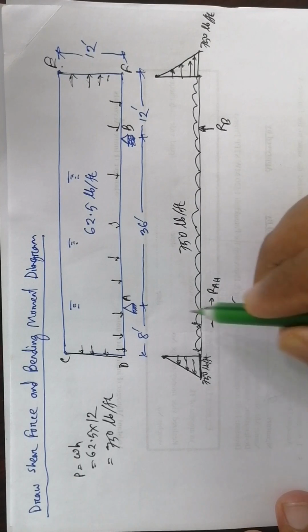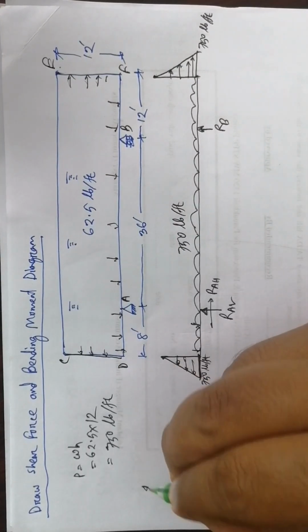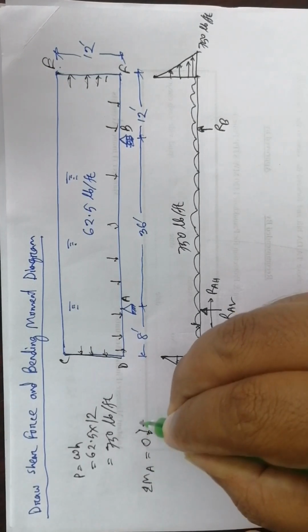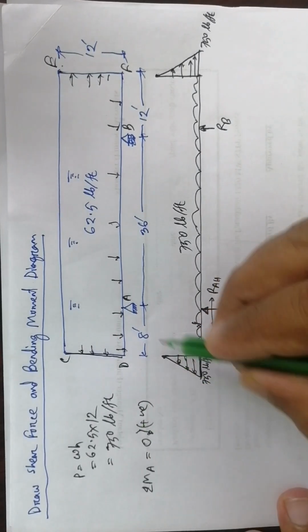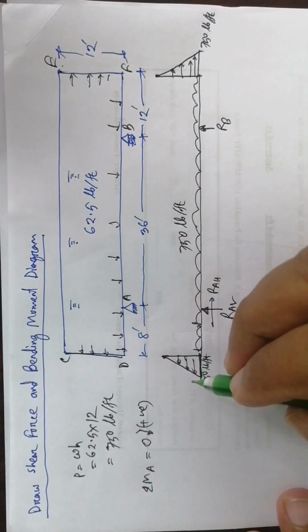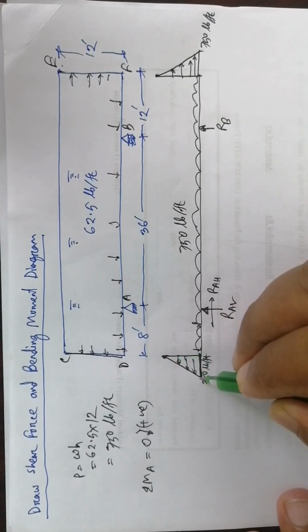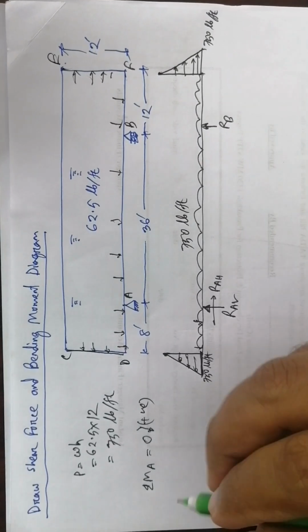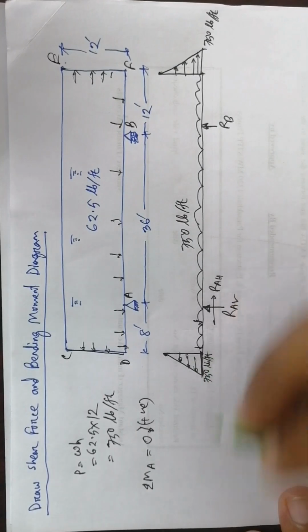So for calculating the reactions, we can take the moment at point A. So summation of moment at A equal to 0, clockwise positive. So if we take moment about A, first there is this force. This force diagram is triangular, so we can calculate the force by area.